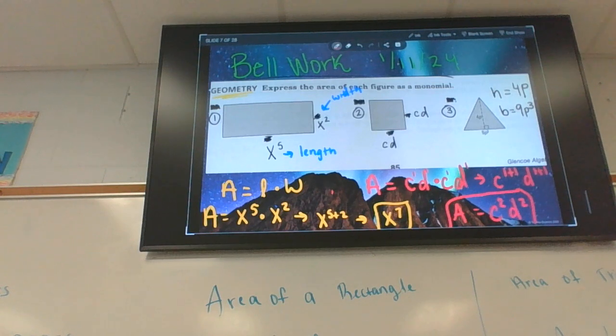Good question. So now, when we simplify this, it's just reducing the 36 over the 2. And that answer will be 18p to the 4. Any questions?